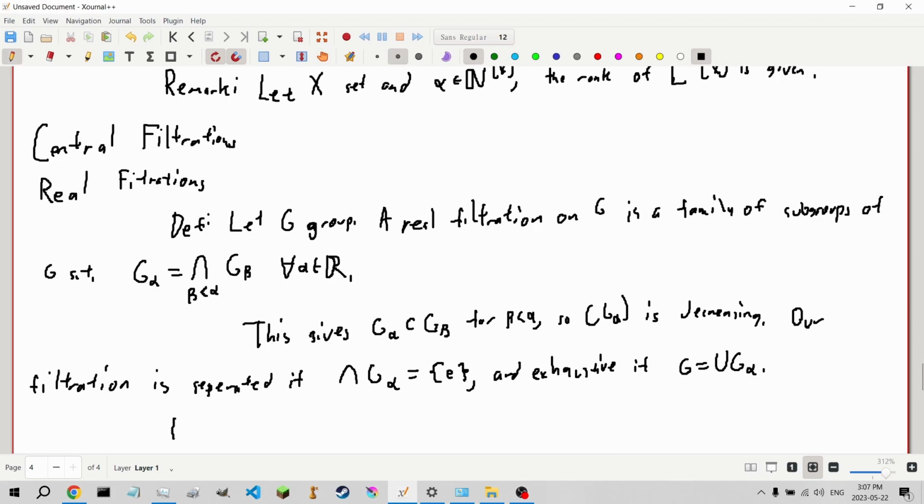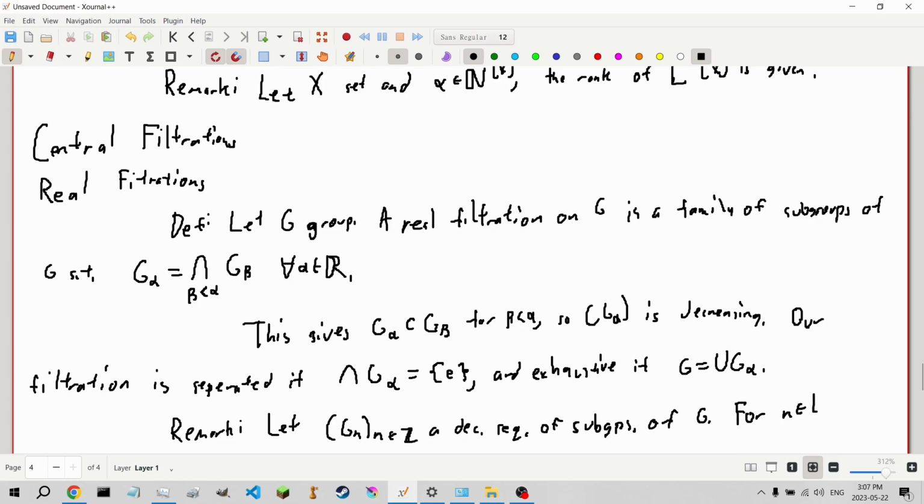Remark: let G to the n, over n in our integers, be a decreasing sequence of subgroups of G. For every integer n, I always keep writing n for the integers, I don't know why.